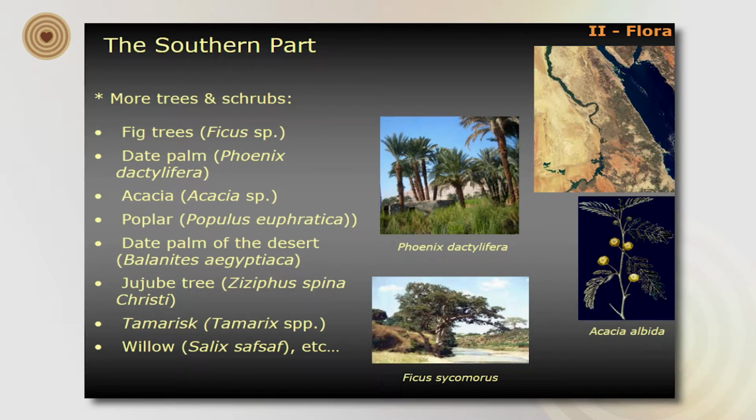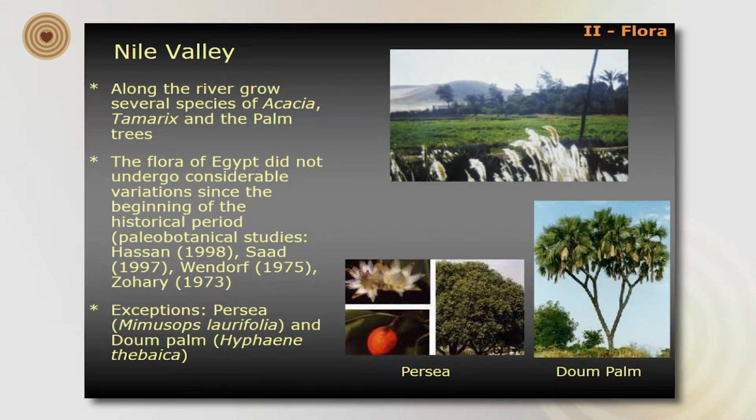The south is a little bit richer. They have some acacias, tamarisks, date palm, of course, poplar, etc. And very common to all the Nile Valley, you will also have these acacia, tamarisk, and palm.